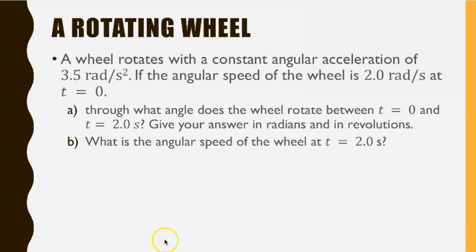Okay, here we have a wheel that rotates at constant angular acceleration. If the angular speed of the wheel is 2 at time equals 0, through what angle does the wheel rotate in the first 2 seconds? I'm just going to give the answer in radians. I don't really care too much about revolutions.